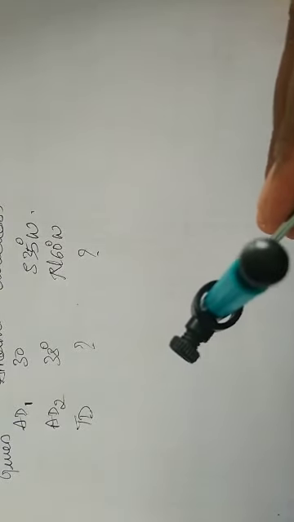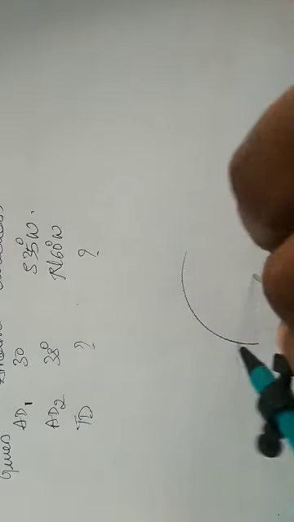Once this type of problem is given, we need to first construct a circle of radius 2.5 centimeters. So now I will construct a circle of radius 2.5 centimeters.